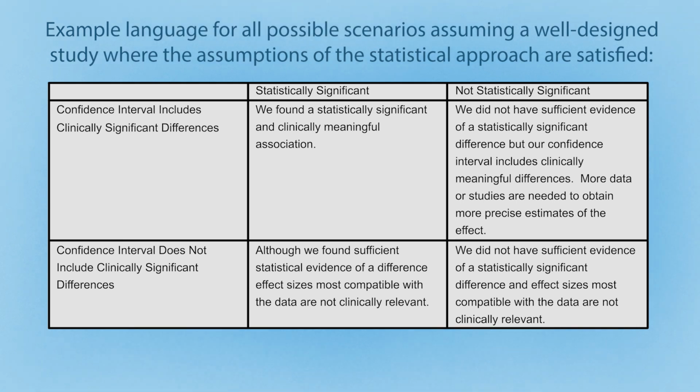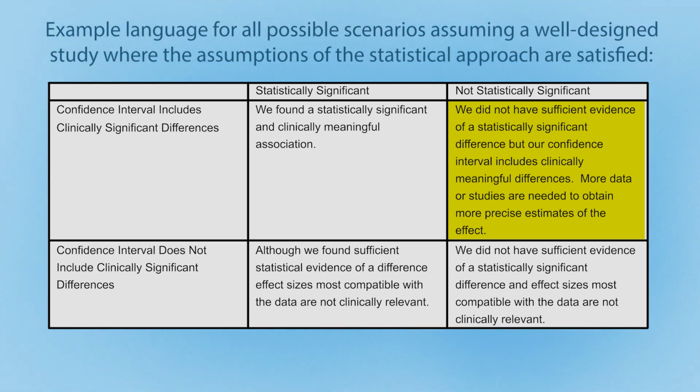So in the case where we have a statistically significant association and our confidence interval includes clinically significant differences, we might say something like, we found a statistically and clinically meaningful association. In the case where our confidence interval includes something clinically meaningful, but we didn't have statistically sufficient evidence, we might say something like, we did not have sufficient evidence of a statistically significant difference, but our confidence interval includes clinically meaningful differences.